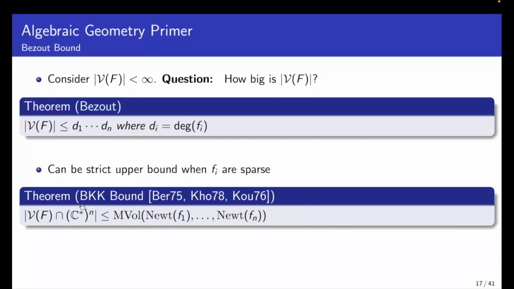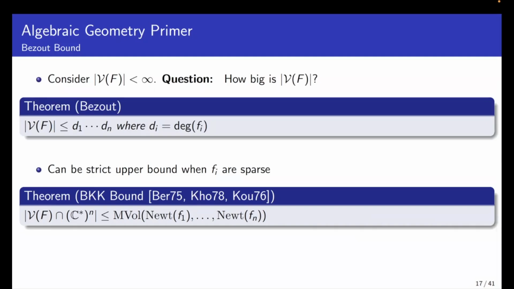Specifically, it bounds it by the mixed volume of the Newton polytopes of each polynomial. I don't expect you to know what these objects are, and I'm specifically not defining them, but I can say in words briefly that if I give you a polynomial, I can define its Newton polytope as the convex hull of the exponent vectors of that polynomial.